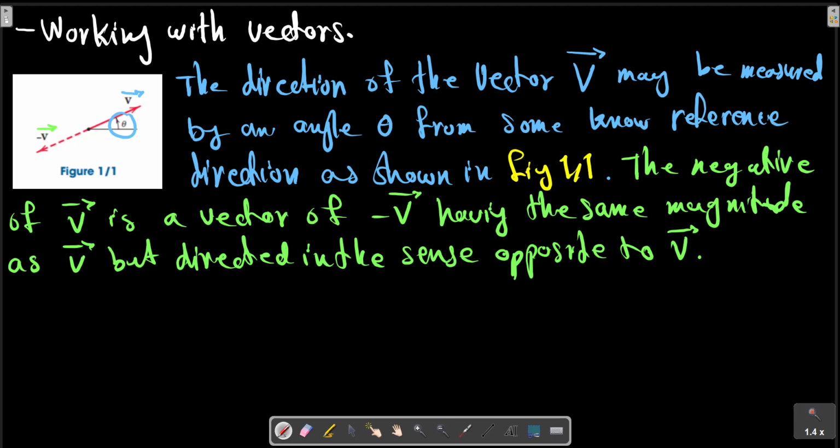This vector must obey the parallelogram law of combination.